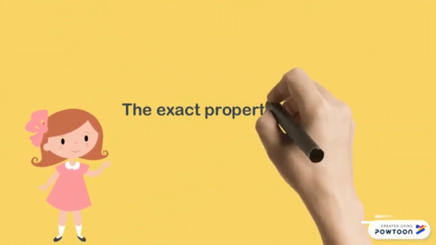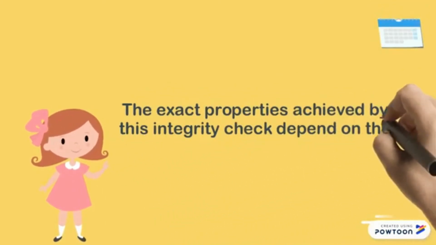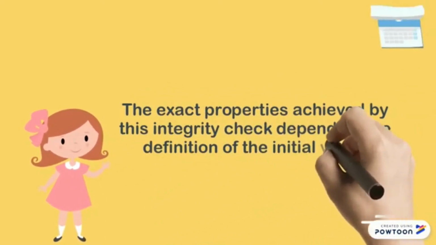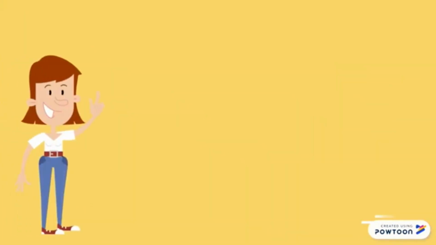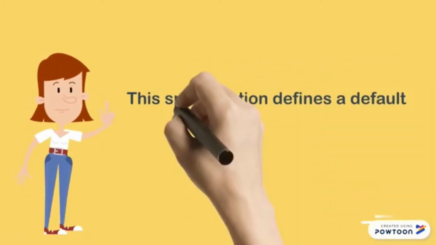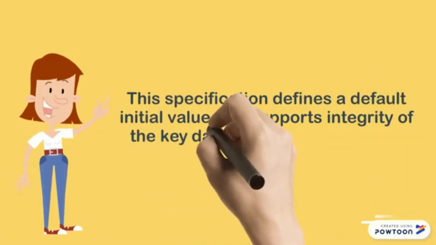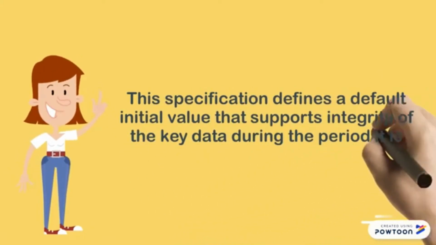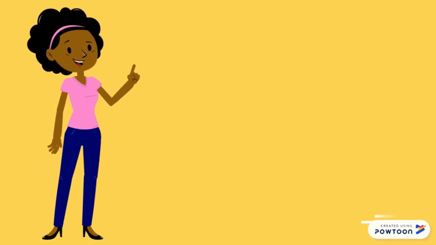The exact properties achieved by this integrity check depend on the definition of the initial value. This specification defines a default initial value that supports integrity of the key data during the period it is wrapped.